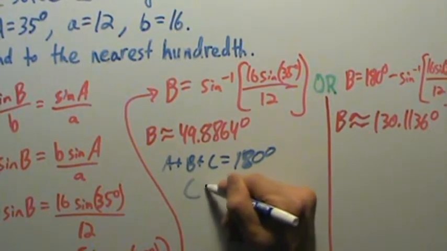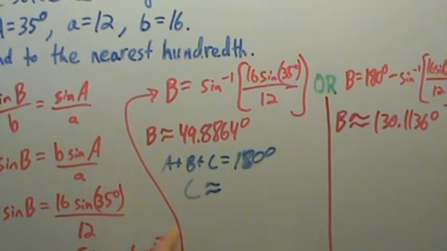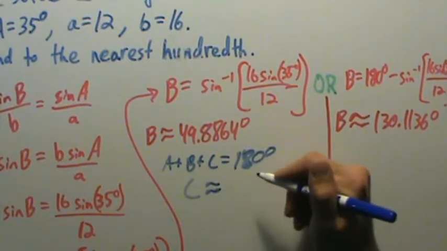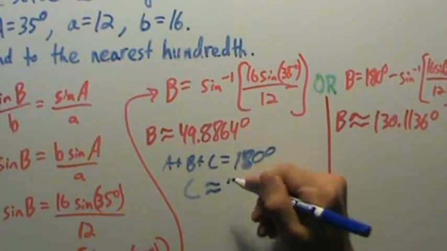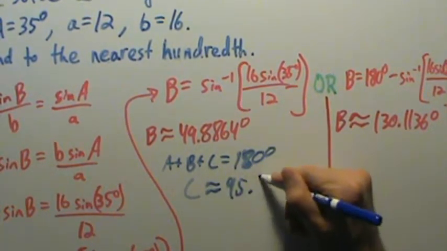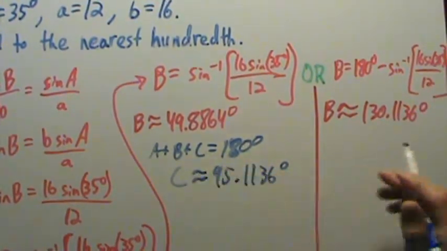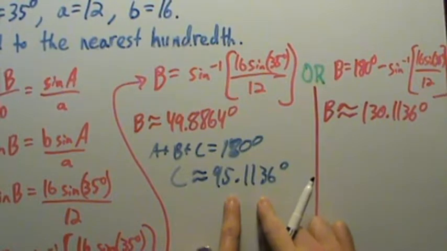So using this value of B, angle C is approximately equal to 95.1136 degrees.